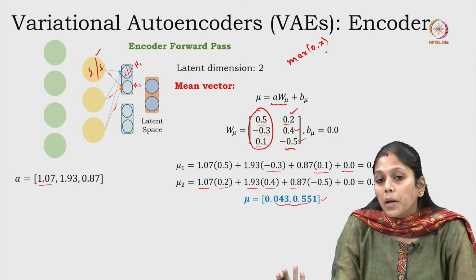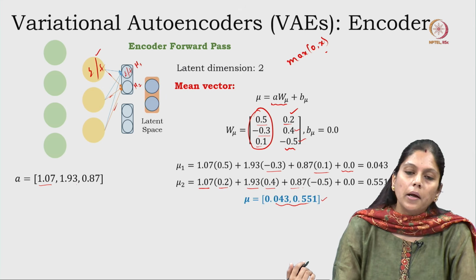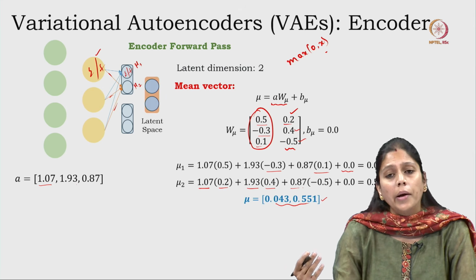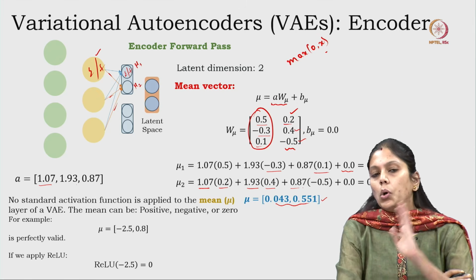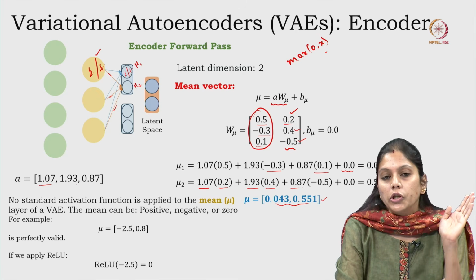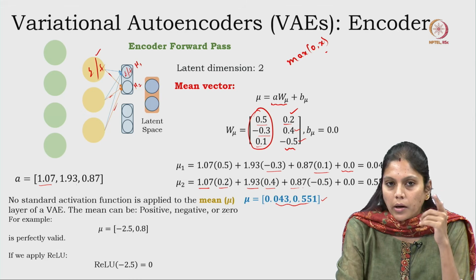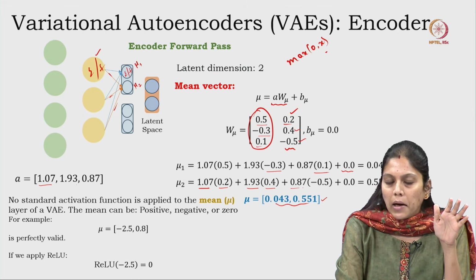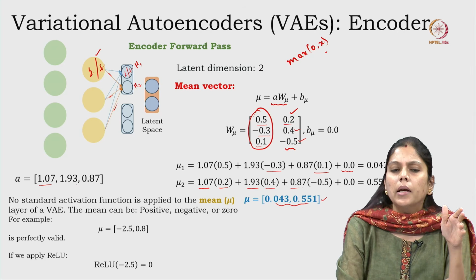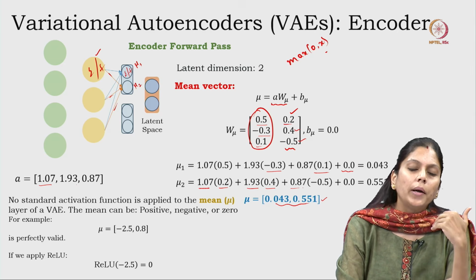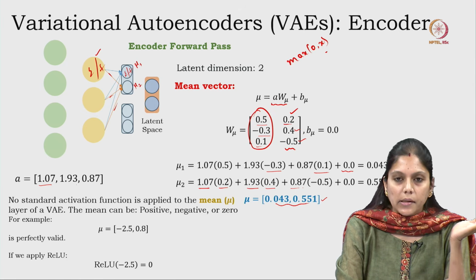The mean value can be a positive value or it can be a negative value. Do you agree to this? Or it can be 0 also. So, no standard activation functions will be applied when we are calculating this mean. The only reason why we will not apply it is the mean can be either a negative value or a positive value or a 0.